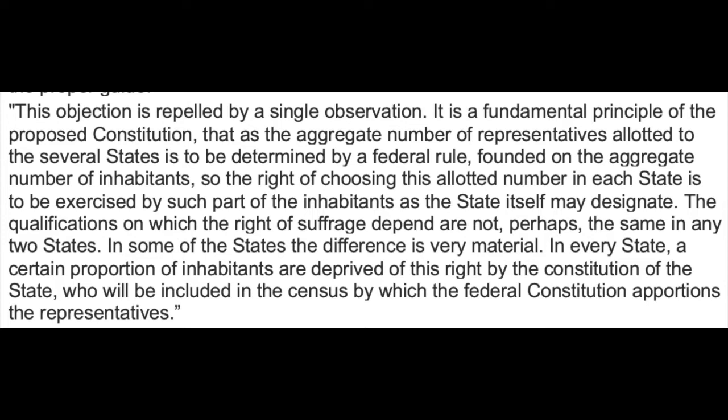The qualifications on which the right of suffrage depend are not perhaps the same in any two states. In some of the states, the difference is very material. In every state, a certain proportion of inhabitants are deprived of this right by the constitution of the state, who will be included in the census by which the federal constitution apportions the representatives."